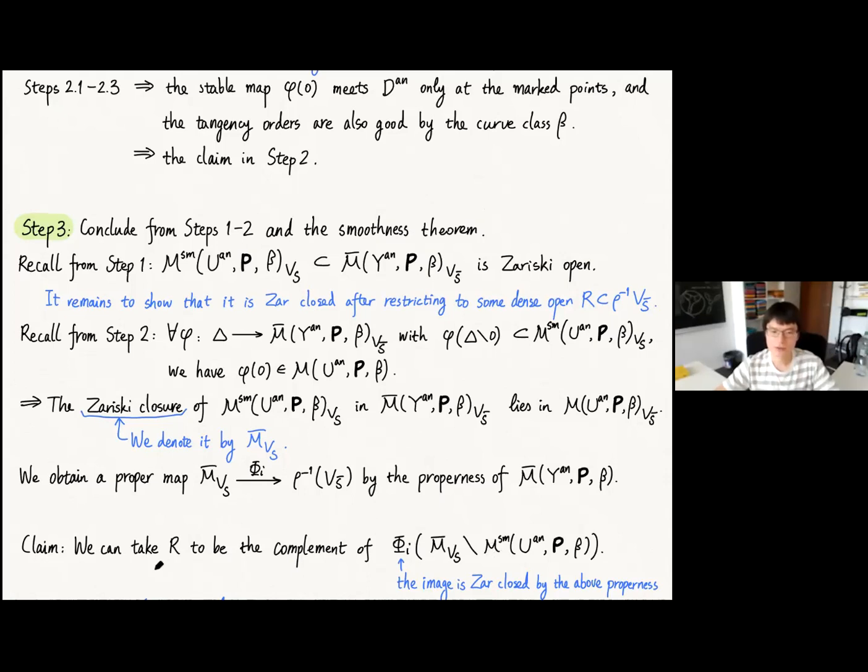So we want to get rid of the bad part, and the bad part is the complement of the good part. We take the image of the bad part, and then we take the complement. And the image is Zariski closed by the properness of this map phi I. So the claim is that this R satisfies our purpose.